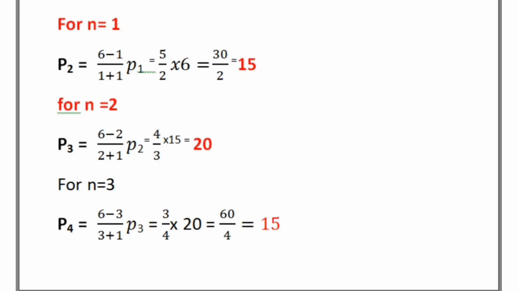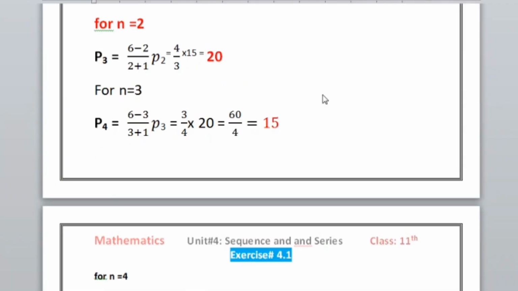Next, for n is equal to 3, p4 is equal to (6 minus 3) divided by (3 plus 1) times p3, which is equal to 3 divided by 4 multiply 20. 3 20s are 60, divided by 4, 4 15s are 60.